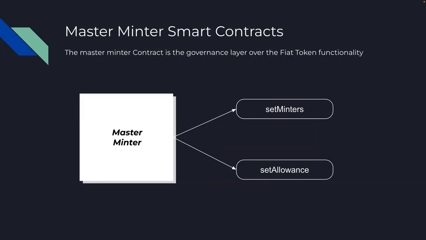I'm abstracting the complexity, because obviously it's not just 2, but these are the main ones. One is set minters: the master minter can add a new commercial issuer if they met all the requirements we saw before. It can also set the allowance, and we will see later what it means. But basically, it's a security method to avoid giving a specific minter the possibility to mint way too many tokens.